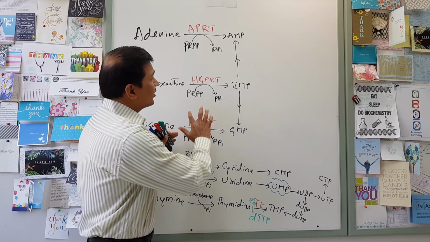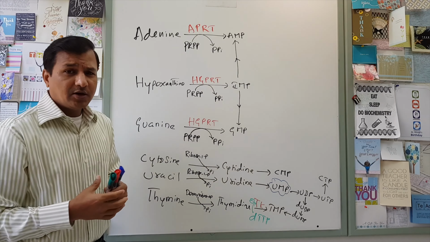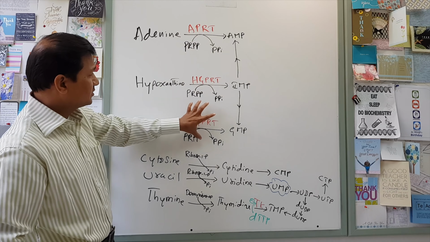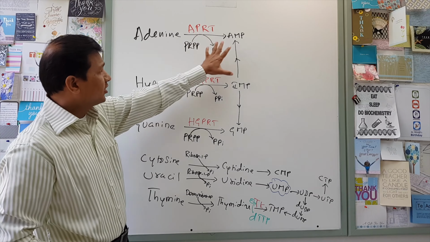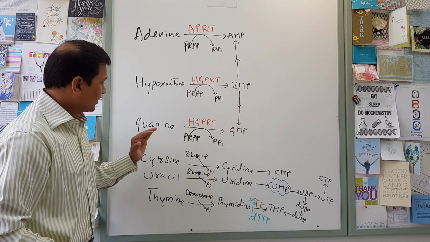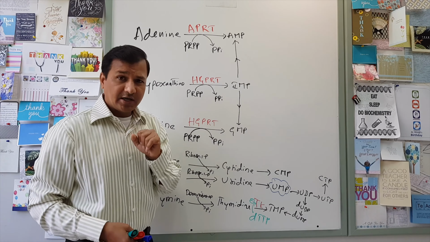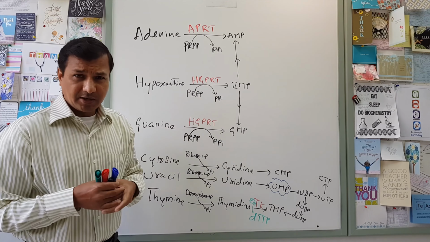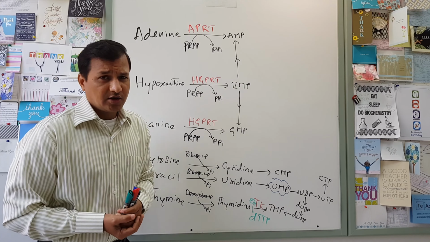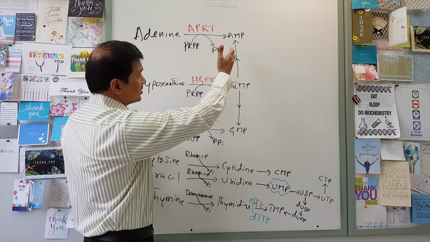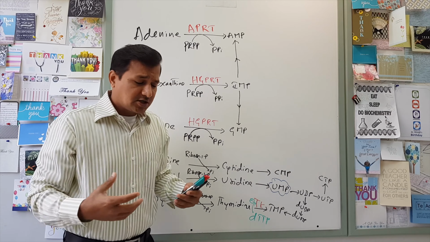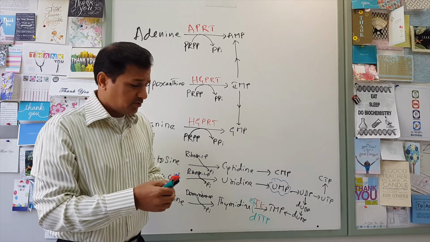So now let's look into a little more detail on purine salvage, because I have explained two enzymes here basically. Adenine into adenosine monophosphate by APRT, hypoxanthine into IMP by HGPRT, guanine into GMP by HGPRT. Now what will happen when the cell undergoes degradation or cell turnover is going on, and the cell doesn't really need this adenosine monophosphate?